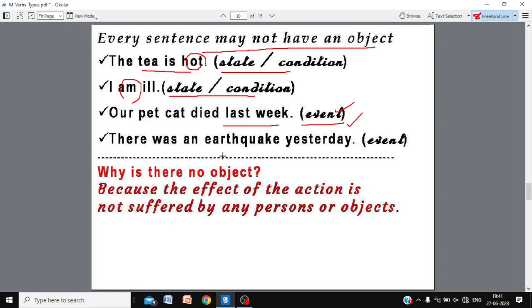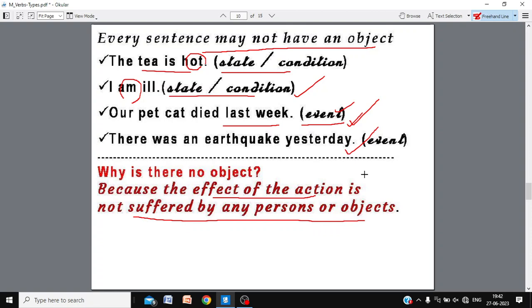This is an event or happening. So when it is an event or happening or a state or condition, we do not have an object. Because the effect of the action is not suffered by any person or object.